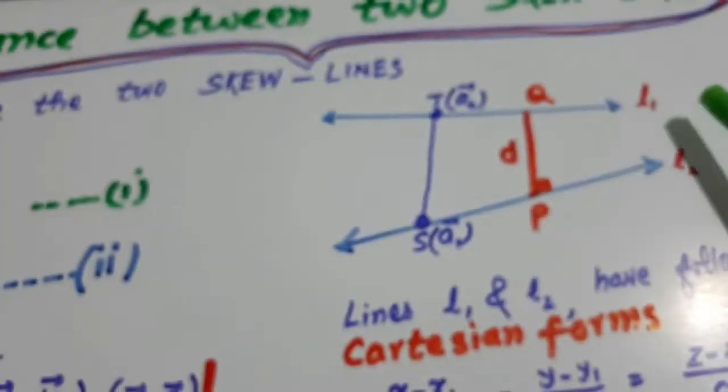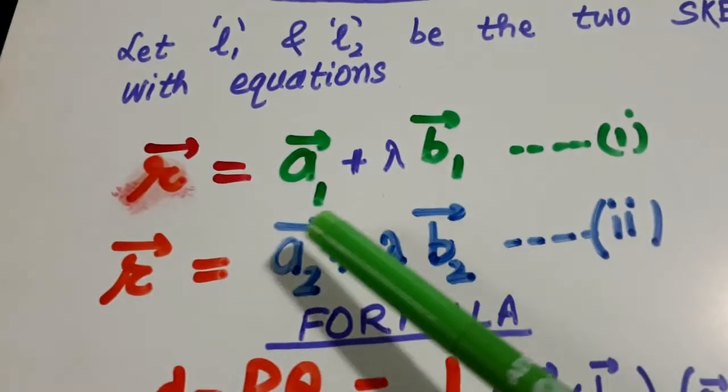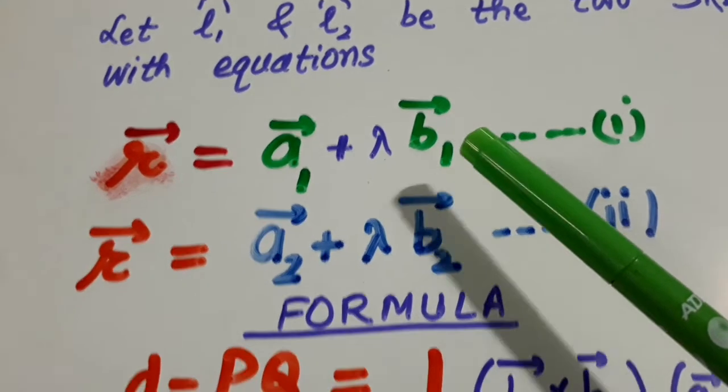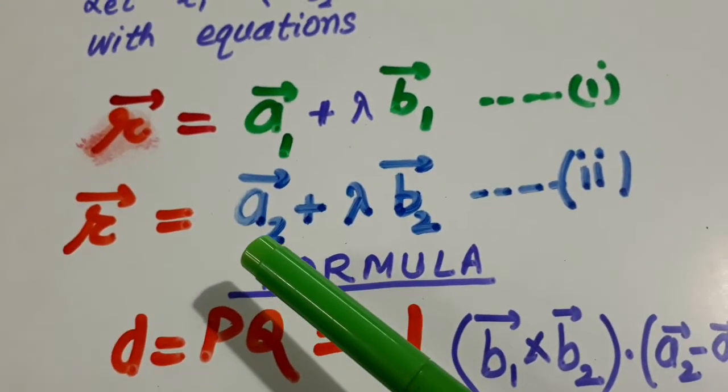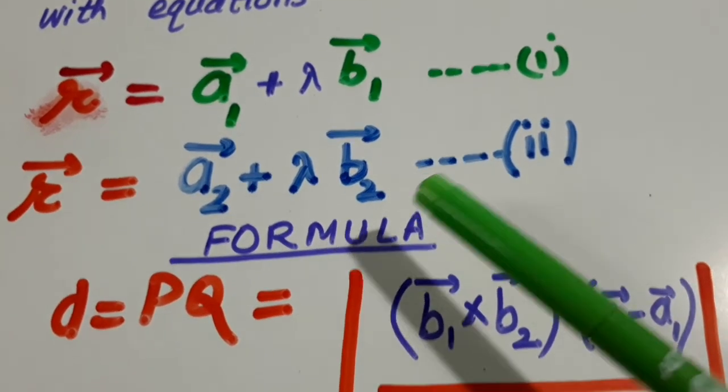Look here, this is L1 and this is L2. Now the vector equations are given here: r = a1 + λb1, and r = a2 + λb2.